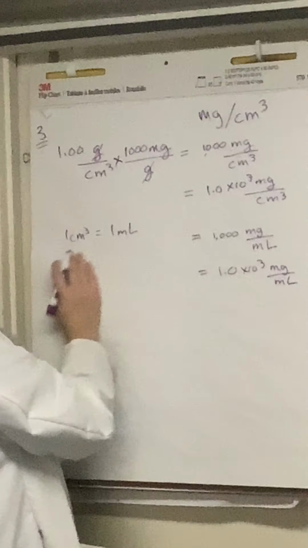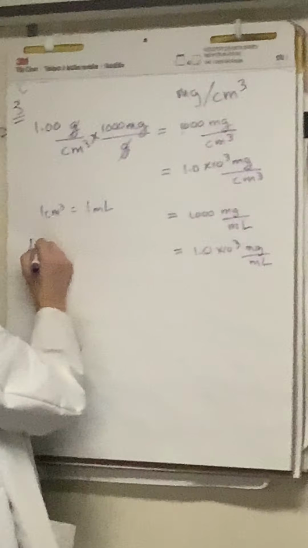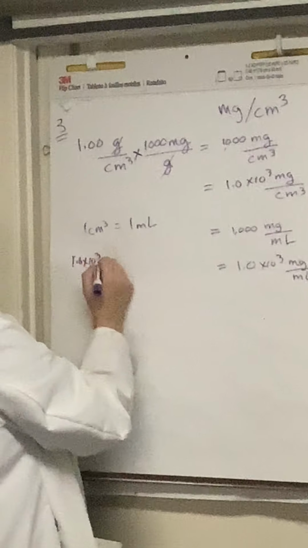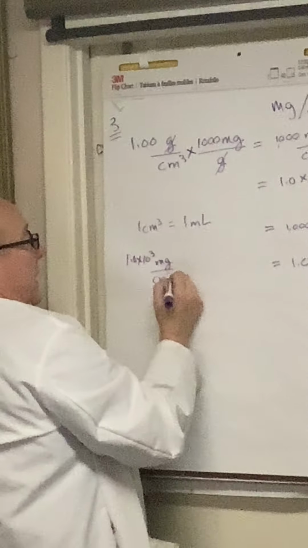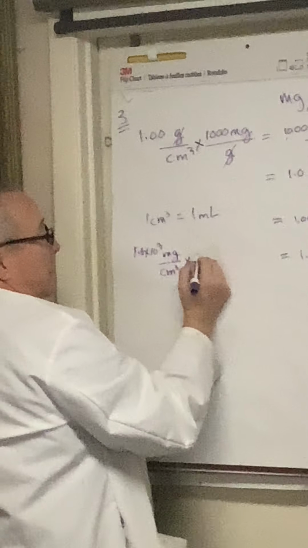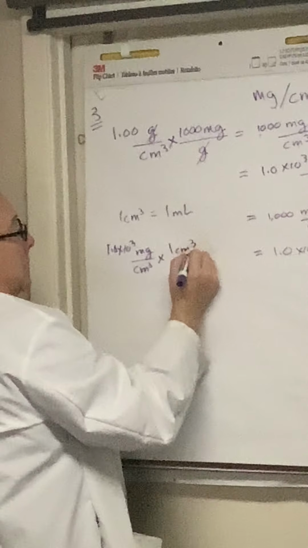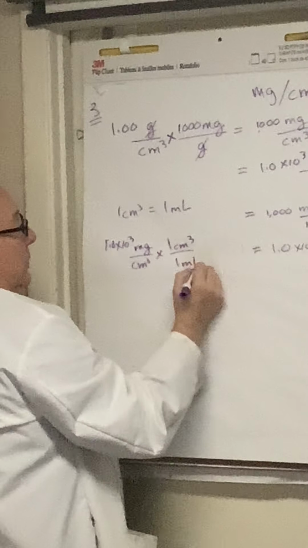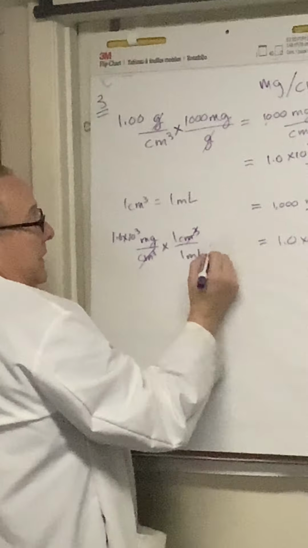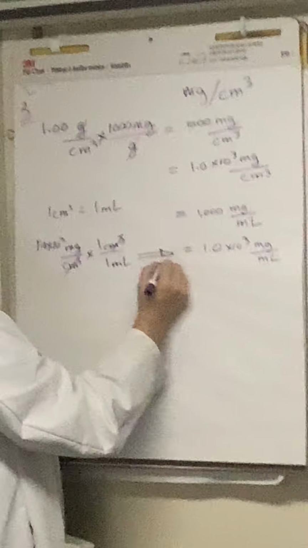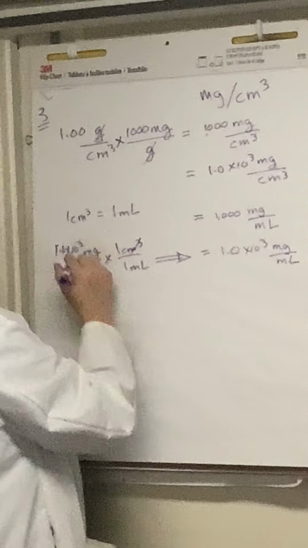I don't have to do the conversion. I had 1.0 times 10 to the third milligrams per cubic centimeter, and I can multiply that times 1 cubic centimeter per 1 ml to get rid of my cubic centimeters, and that would give me my 1 times 10 to the third.